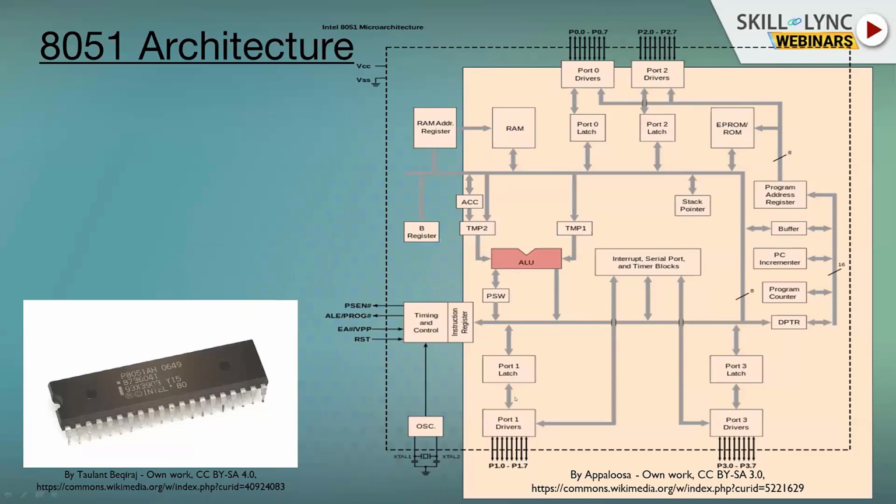Apart from this, some of these controllers will have internal peripherals, like pulse width modulators and analog to digital converters. Here the example I have taken doesn't have these peripherals.